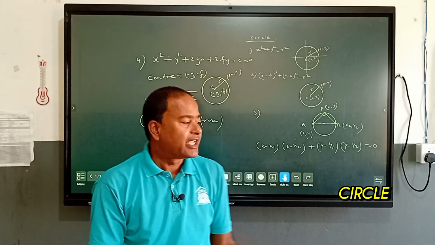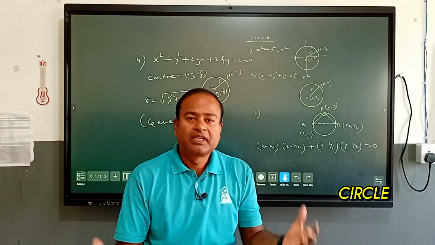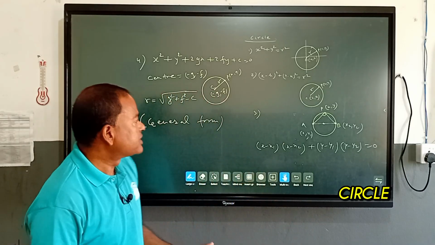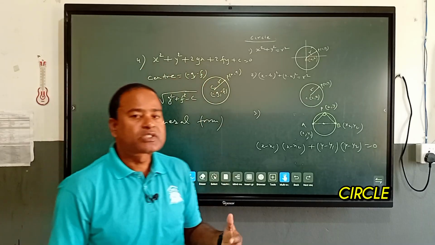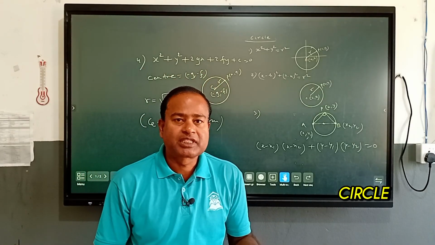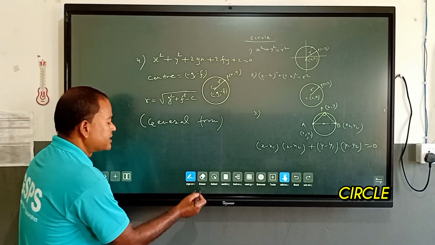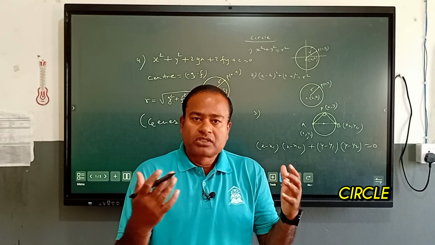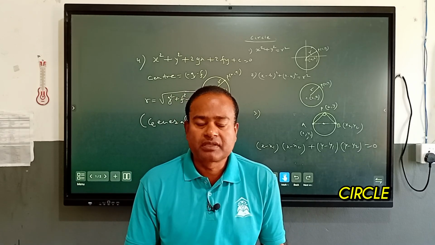Dear students, if the equation of any circle is given, then we can write it in the general form, which is x square plus y square plus 2gx plus 2fy plus c equals 0. Now next we are going to discuss some conditions under which we have to find the equation of the circle.